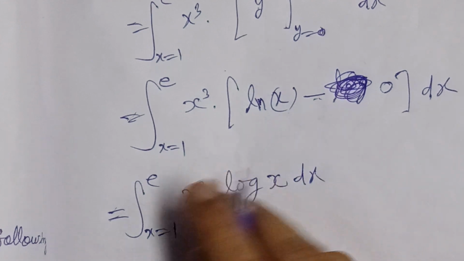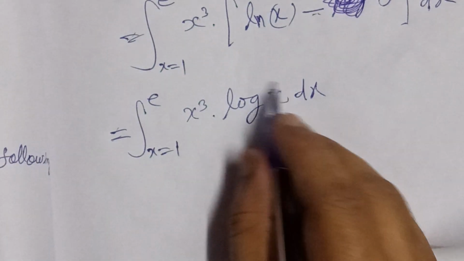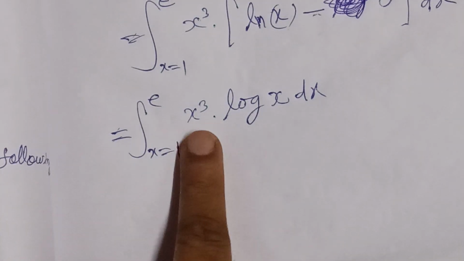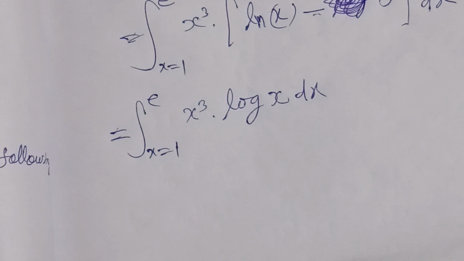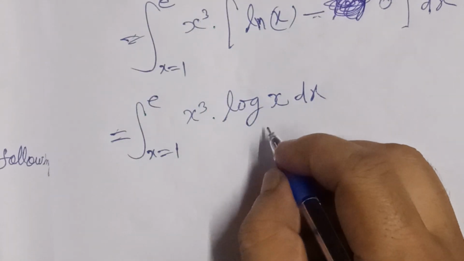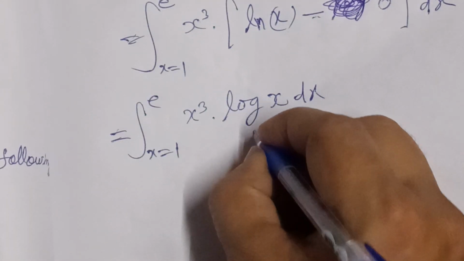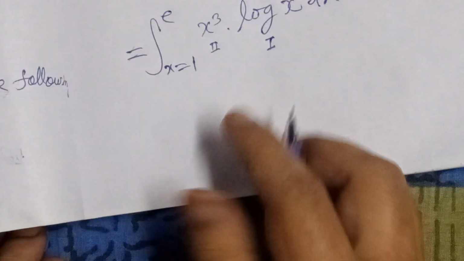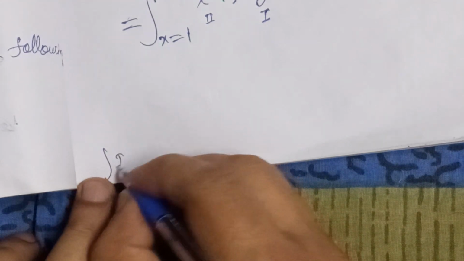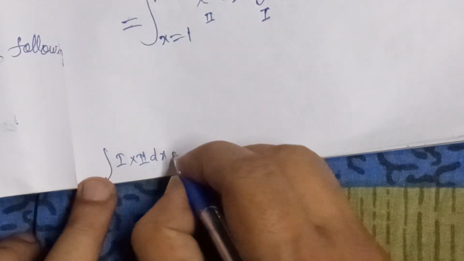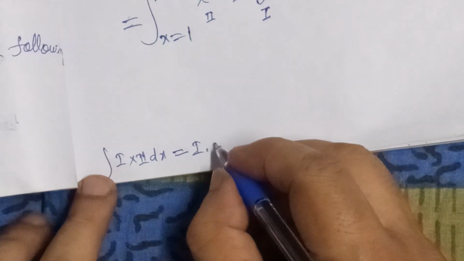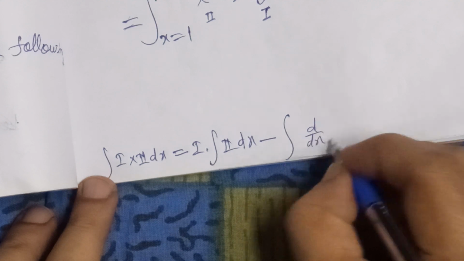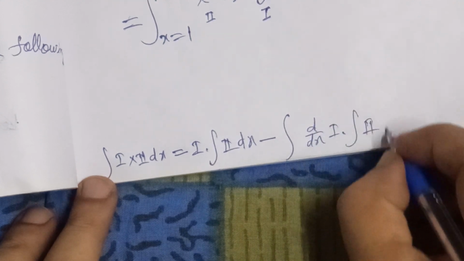You have to integrate this, and here we have a logarithmic function and an algebraic function. Using ILATE, you should consider log as the first function and the algebraic one as the second function, and apply the formula of integration by parts: the first function as it is times the integration of the second function, minus the integral of the differentiation of the first function times the integration of the second function.